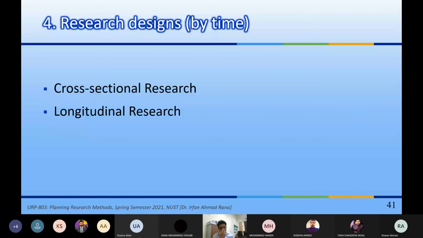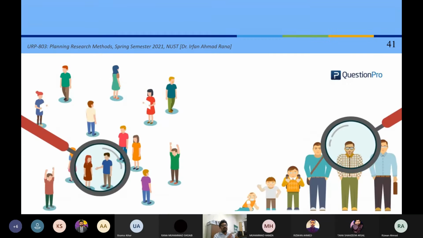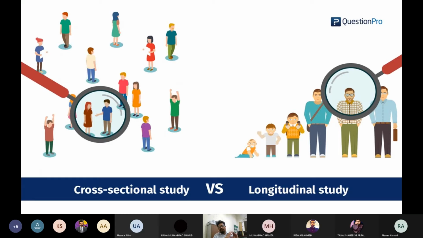This is another approach, so you might have some overlapping with your descriptive, exploratory, and explanatory research. By time, you have two types. Your research can either be cross-sectional, at a particular time period, at a particular time. So that is a cross-sectional research. Then there is longitudinal research, which is done over a certain period of time, maybe a 5-year study.